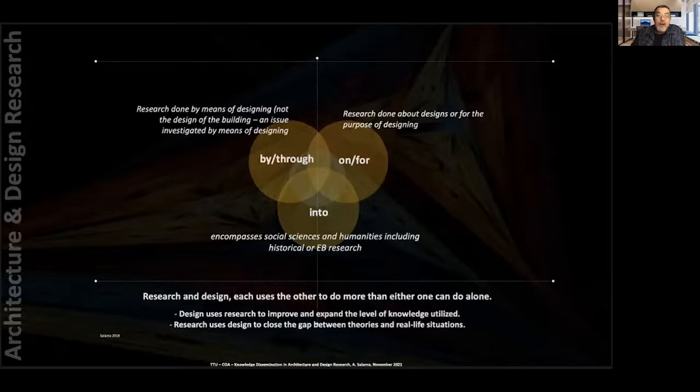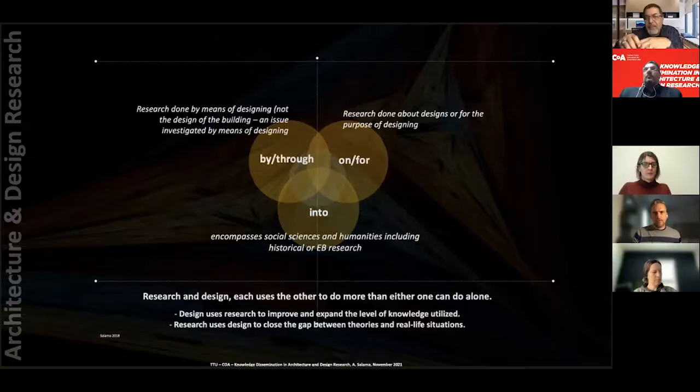Then research on or for design basically means research done about designs for the purpose of designing itself. Examples of this could include pre-design research, evidence-based design research, brief development, architecture programming, to develop design parameters and design imperatives, or even post-occupancy evaluation exercises when they are undertaken as a form of precedent.